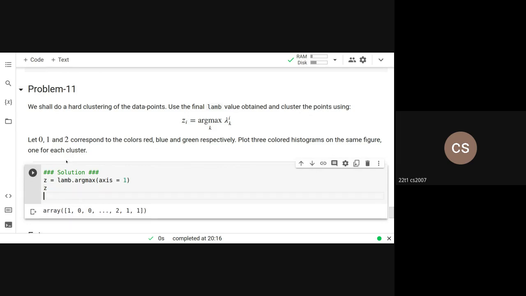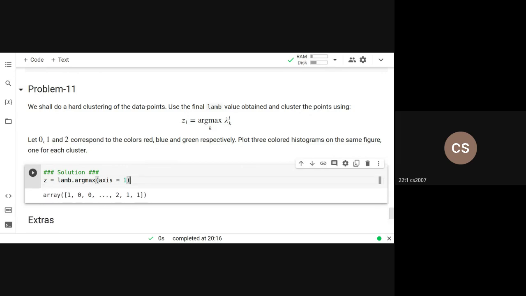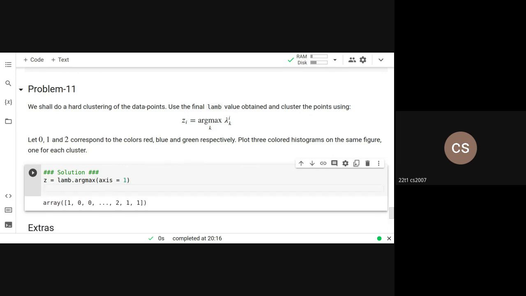So we have been asked to plot 3 histograms: all those points which belong to cluster 0, all those points which belong to cluster 1, all those points which belong to cluster 2. How do we do this? Very quickly, x0 is wherever Z equal to 0.